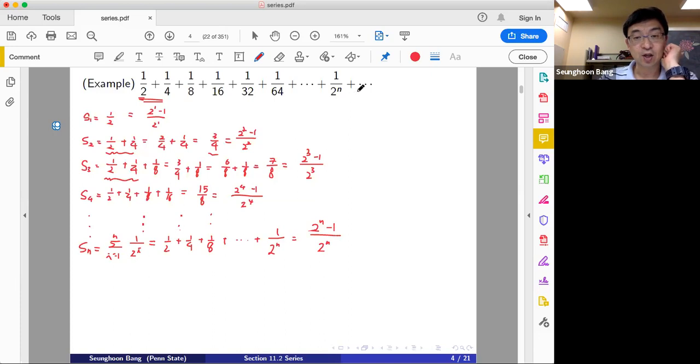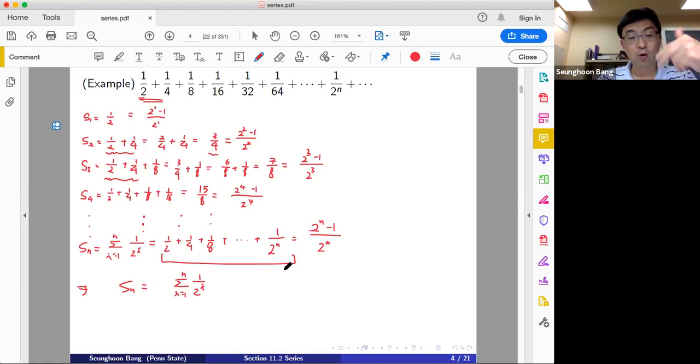What is a series? You add infinitely many terms. What does it mean? You can take the limit. S_n is the summation i equal to 1 to n of 1 over 2 to the i, exactly. This one is given. You can add more. So what does it mean?